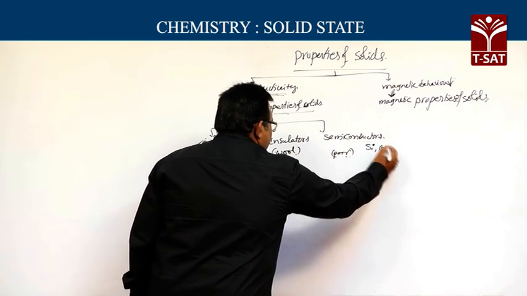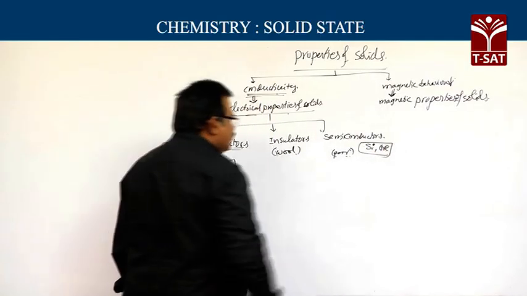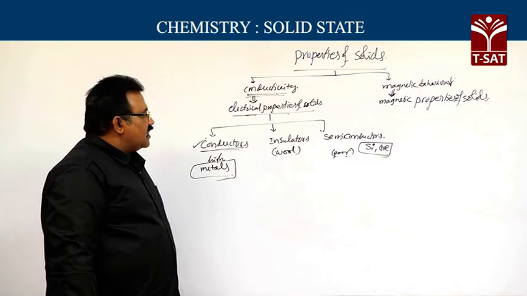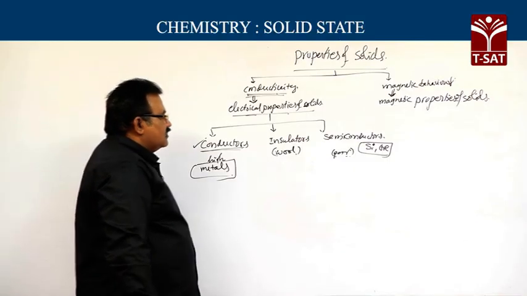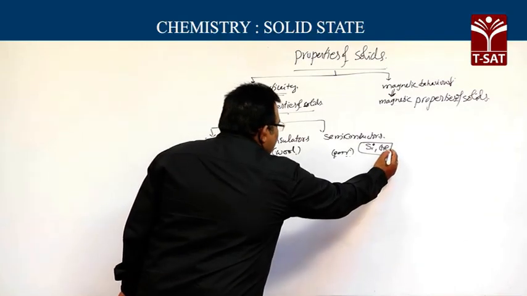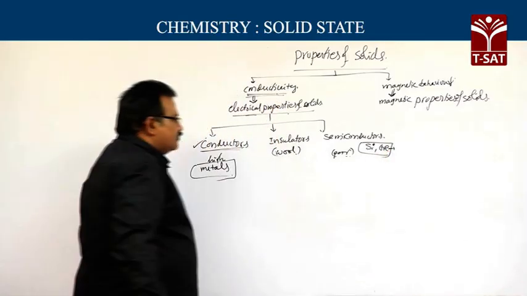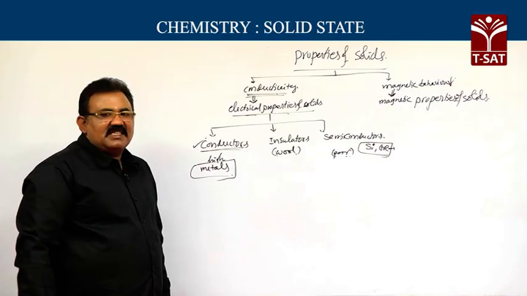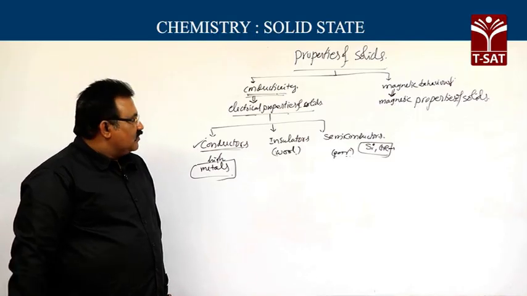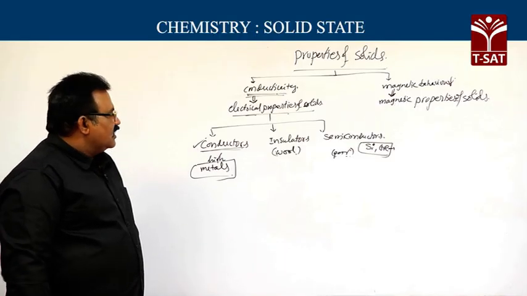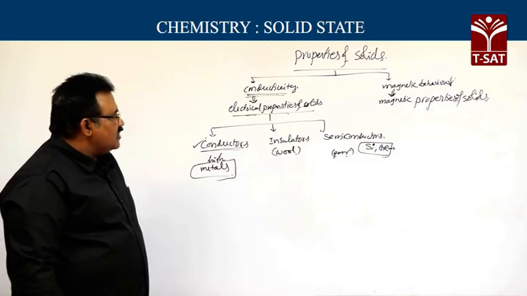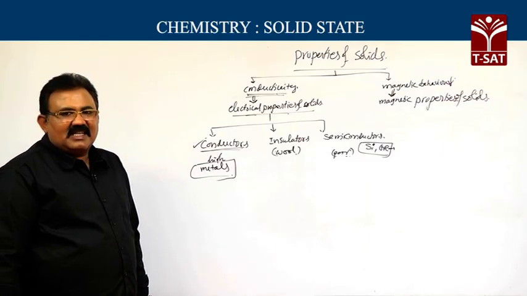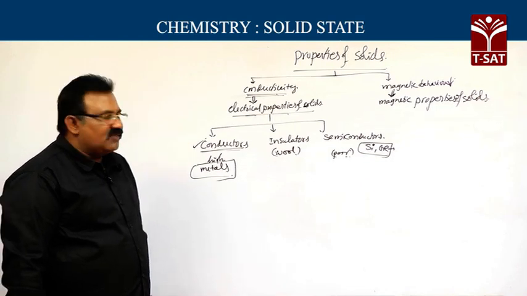Silicon, germanium, they are semiconductors. A pure semiconductor is known as an intrinsic semiconductor. A pure semiconductor's conducting ability is very poor. If any foreign substance is doped into it, the conduction capacity of the semiconductor will be improved.